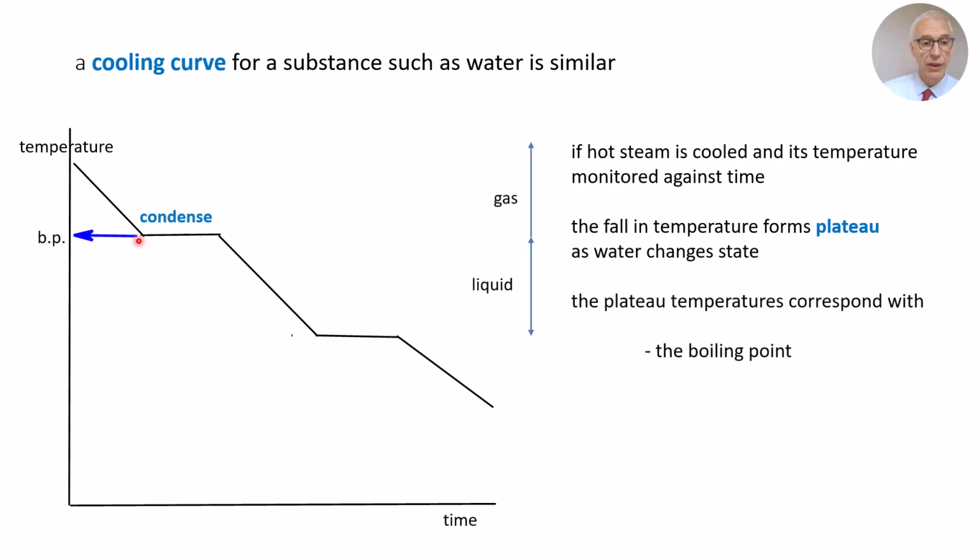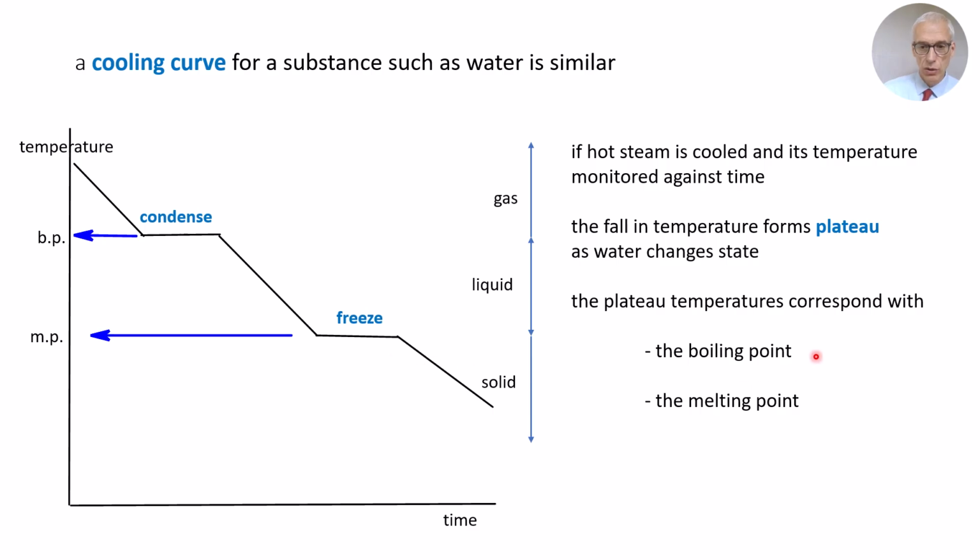So at the upper plateau, which we call the boiling point, we have a gas turning into a liquid, so that's condensation. Above the boiling point, we have gas. Below the boiling point, we have liquid. So as it's cooling, it's condensing. The lower plateau corresponds to the melting point. So again, the liquid, as it's cooled, turns into a solid.